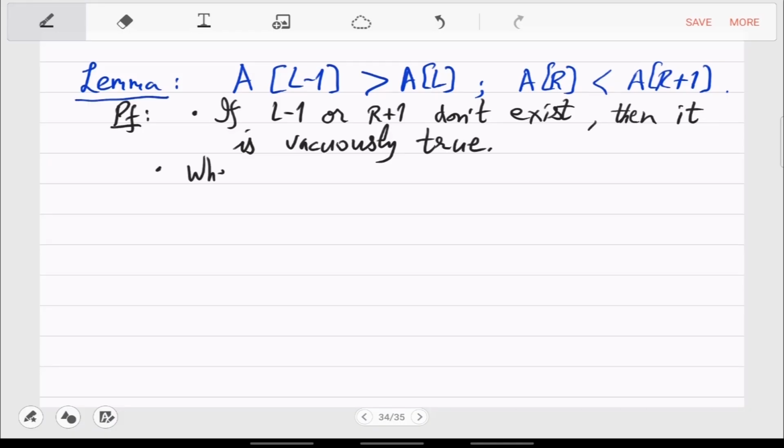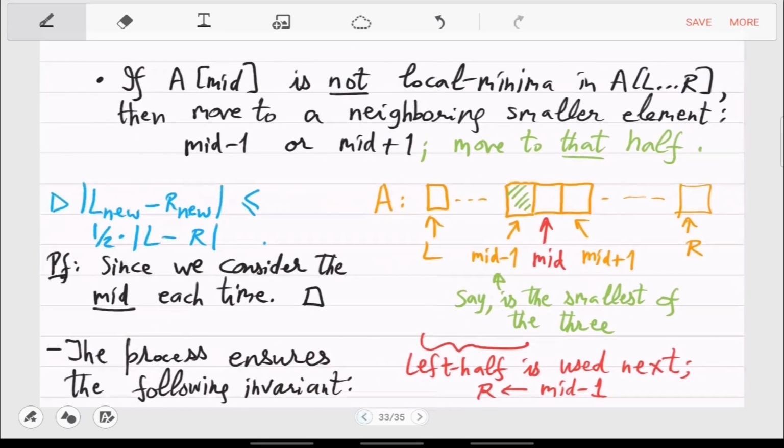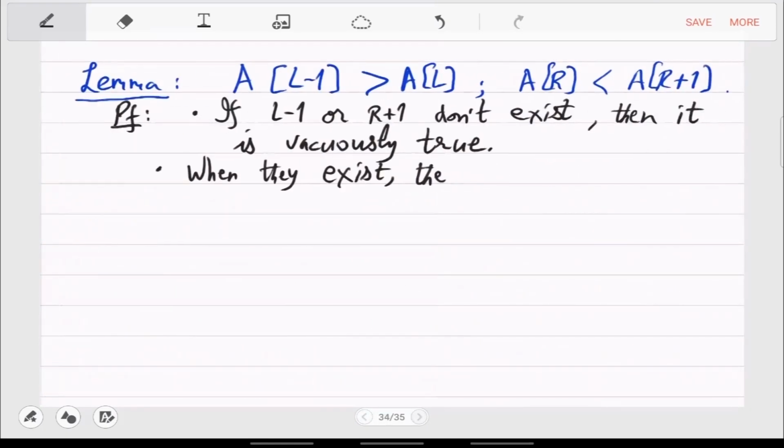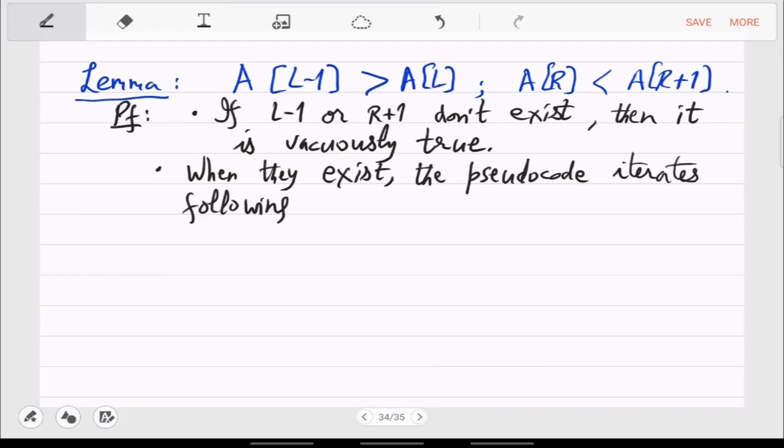And when they exist, this pseudocode which we had iterates following this inequality. So if you just think about these two points, you will have the proof.